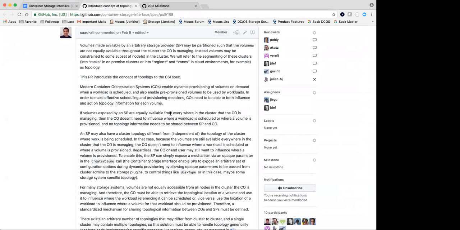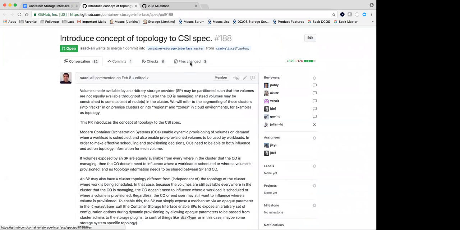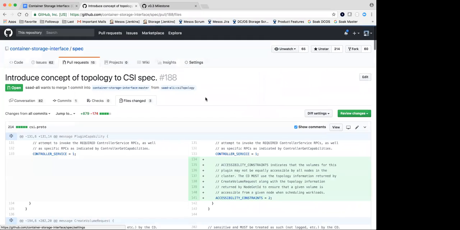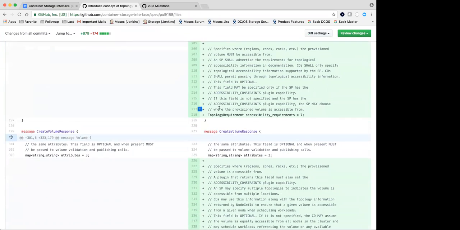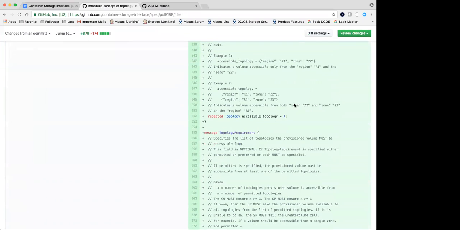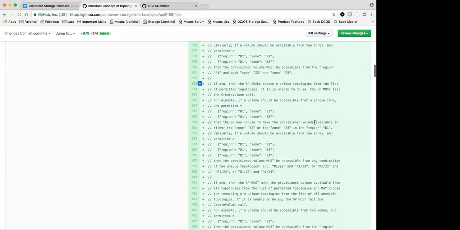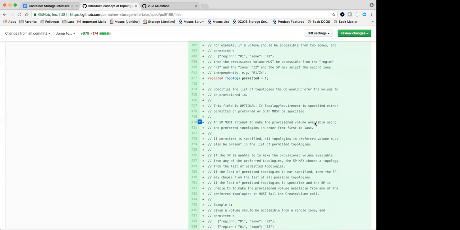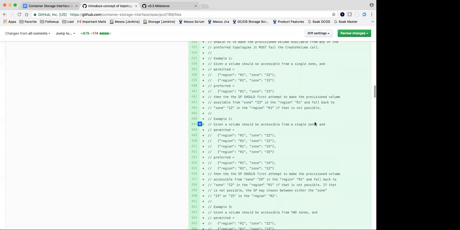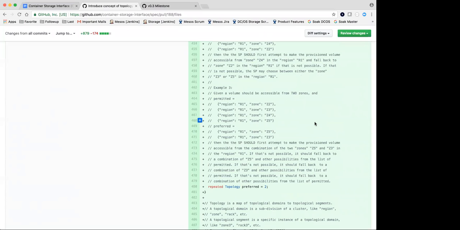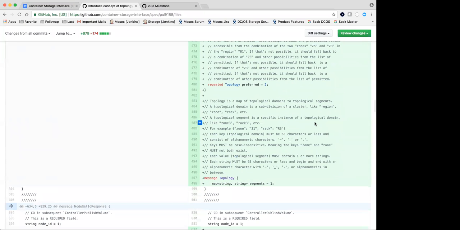So the model that is proposed is similar to what we do with node name and controller publish, where there is a call, get node name, that allows the CO to advertise what it understands the name of a node as, and then when a CO decides to actually make a volume available on that node, it can refer to the node by the name that the plugin understands.